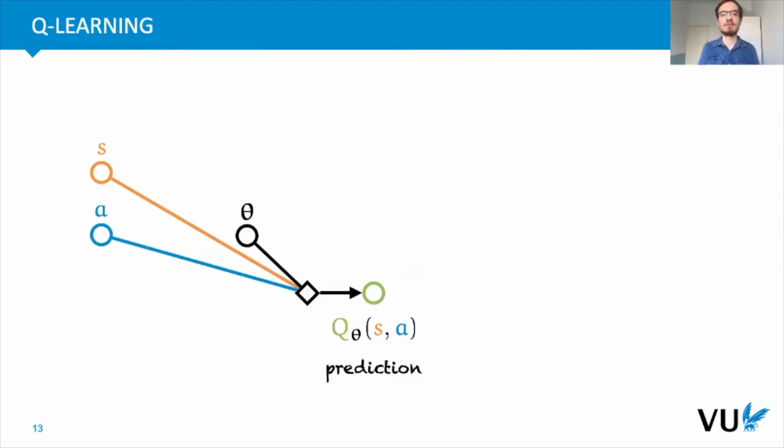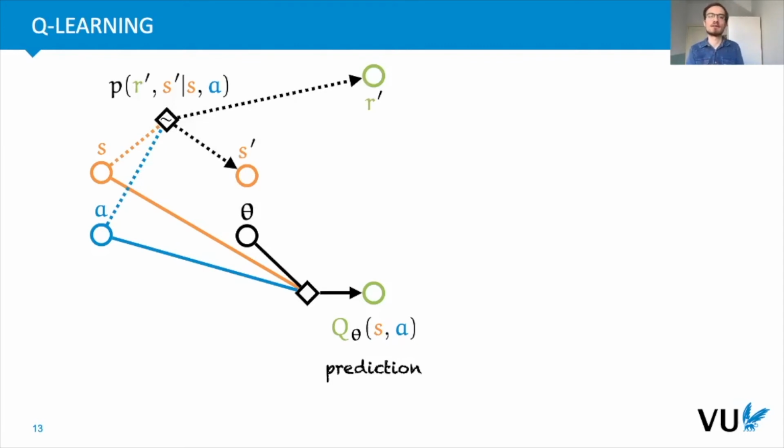Let's look at it in a more sequential fashion, so you can really follow the steps. We start off in a state and an action, and we have some parameters theta, and we get a prediction for this state and this action. So we use the state, the action and the parameters theta to find a prediction, Q theta of S, A. Then we execute the action in the real environment.